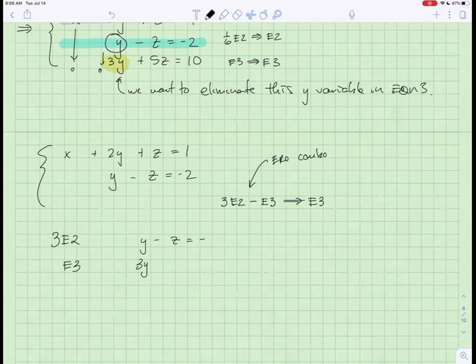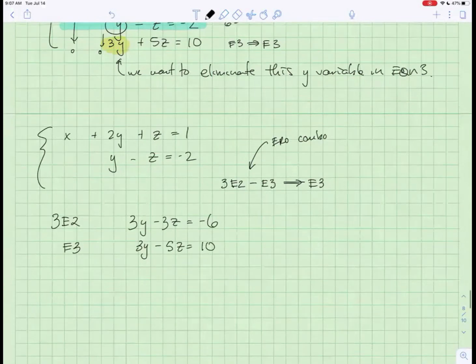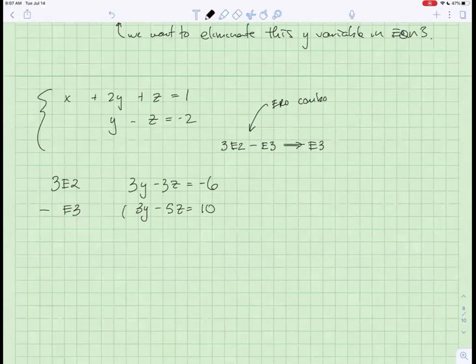I said I was going to do 3 times equation 2, and then I didn't. So this is 3y's minus 3z's is equal to -6. And then 3y plus 5z is equal to 10. And we're going to subtract.